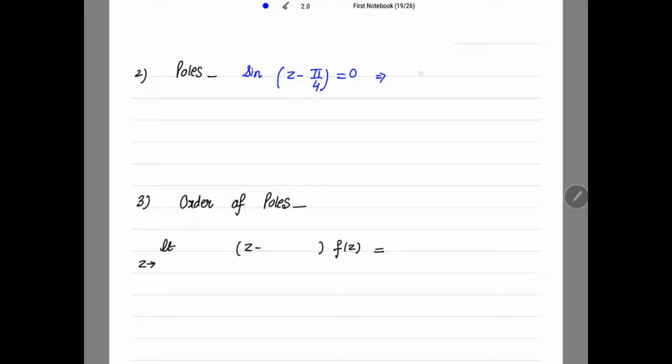So this implies, now where sine of z minus pi by 4 is equal to 0, I can write 0 to be sine of 0. Yes, which implies z minus pi by 4 is equal to 0. And of course, we are having sine as 0 not only at 0, but also at n pi, right?